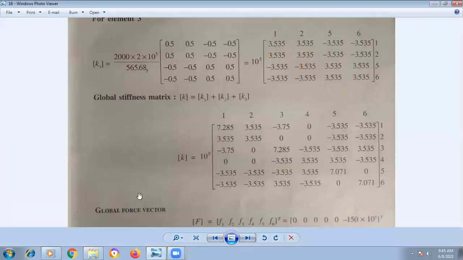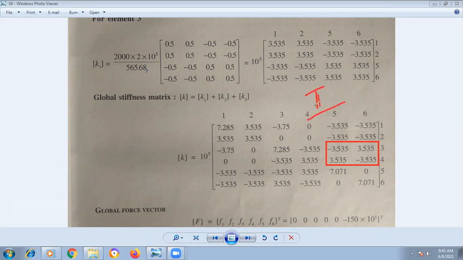So coming to the next row, this is from second, K56 and 34. This is from the second matrix. So you will have enough time to write the global matrix. This matrix has to be 100% perfect. If any one of the terms is wrong, then your analysis will be wrong.